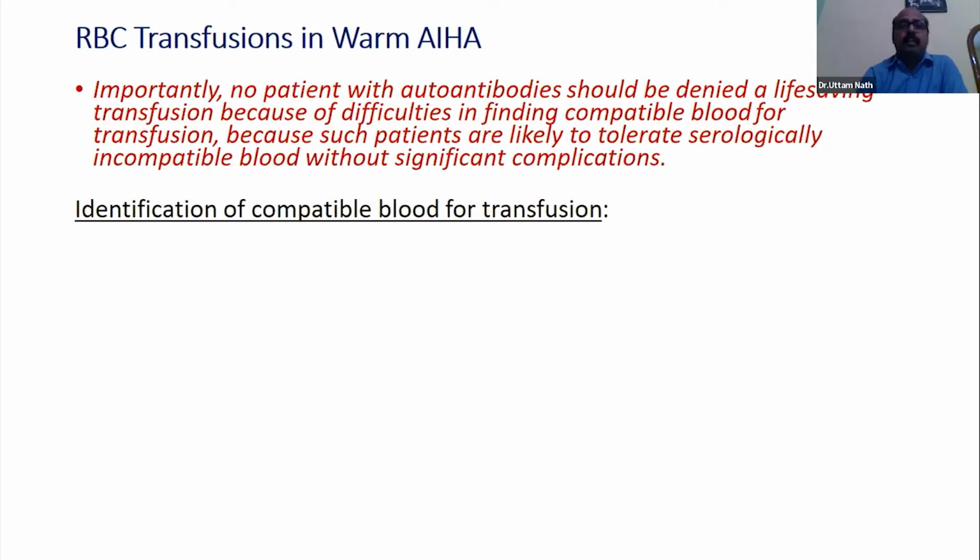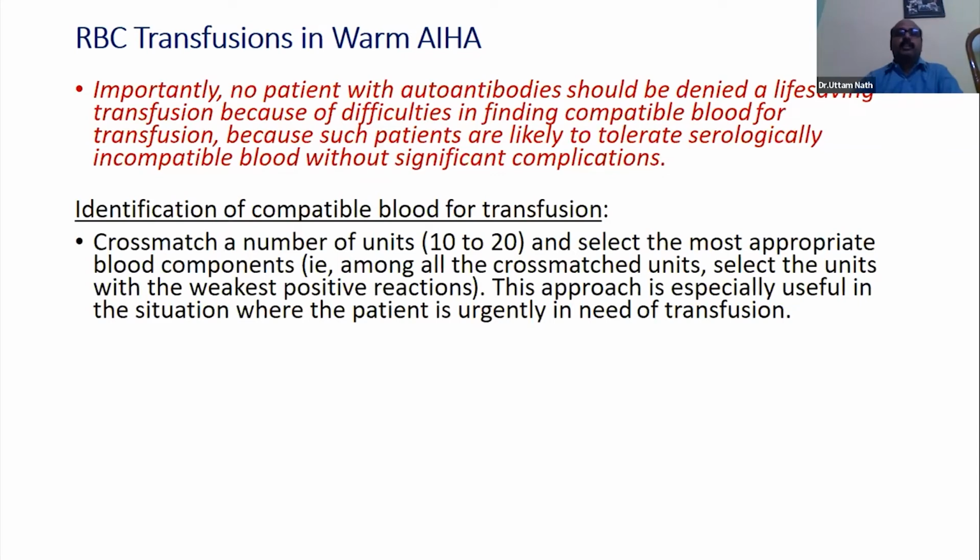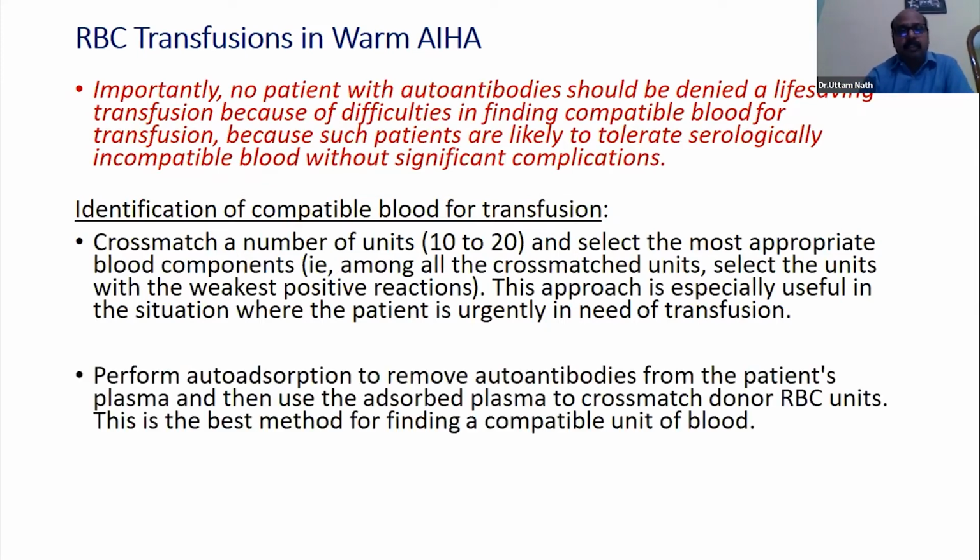How to identify compatible blood for transfusion? One is cross-matching a large number of units, which is most commonly done in our hospitals to get the least incompatible blood unit. Secondly, autoadsorption to remove autoantibodies from the patient's plasma may be used for safe cross-match of donor RBCs.